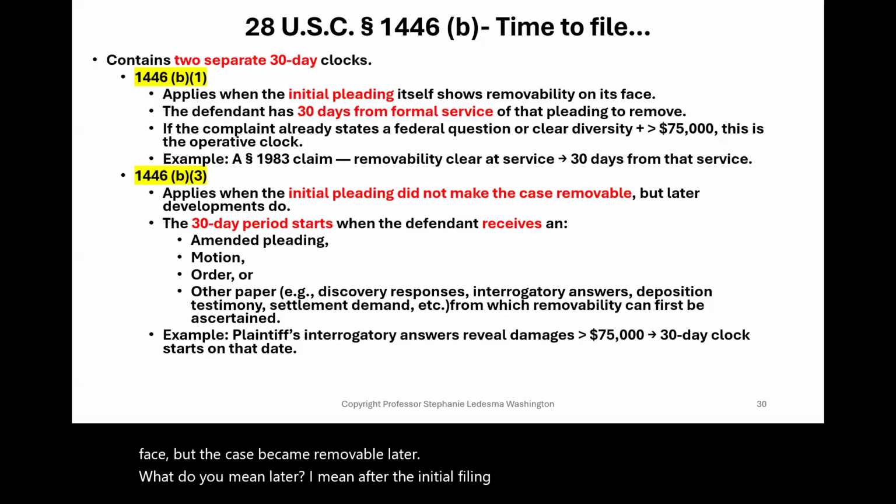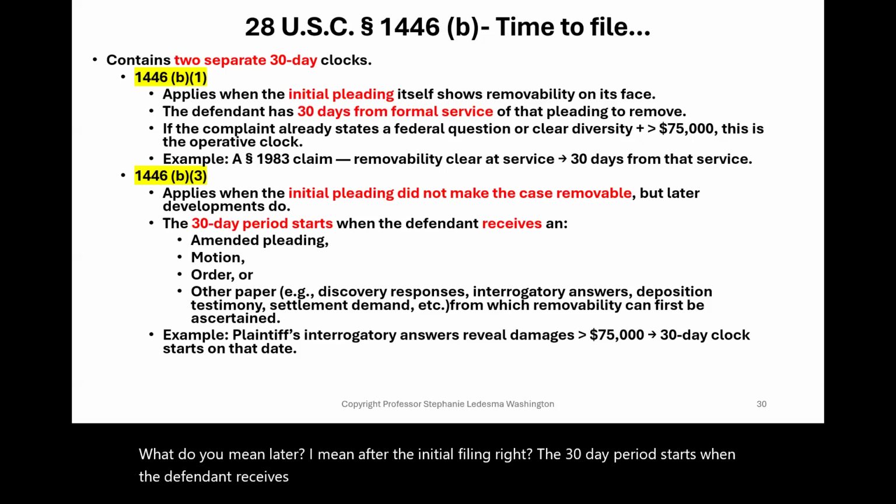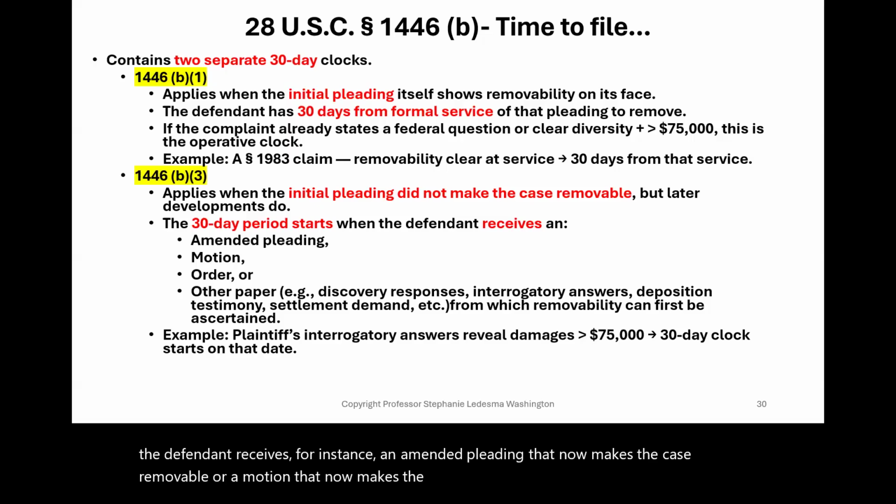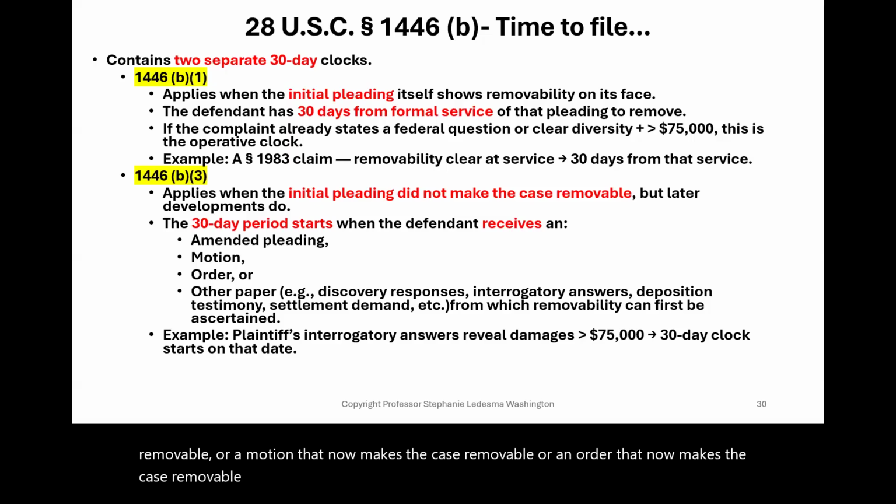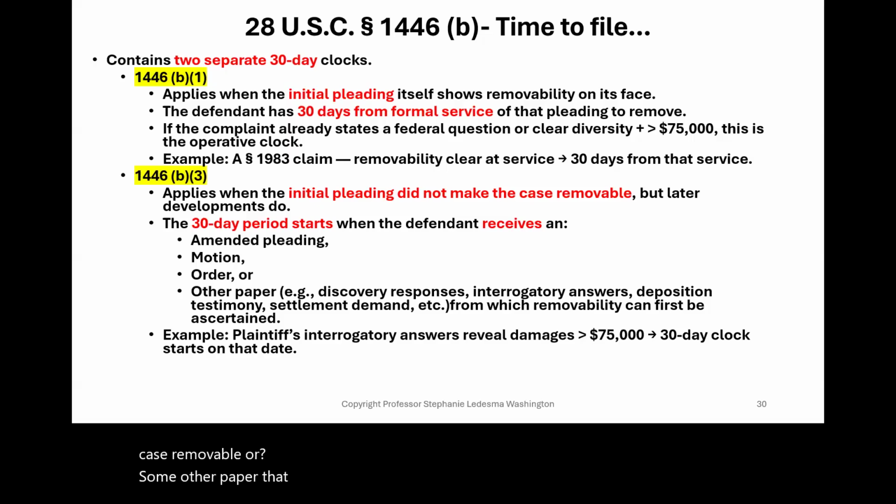The 30-day period starts when the defendant receives, for instance, an amended pleading that now makes the case removable, or a motion that now makes the case removable, or an order that now makes the case removable, or some other paper that now makes the case removable, like a discovery response, right?